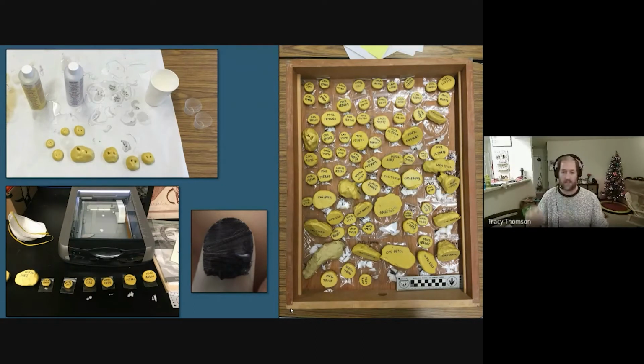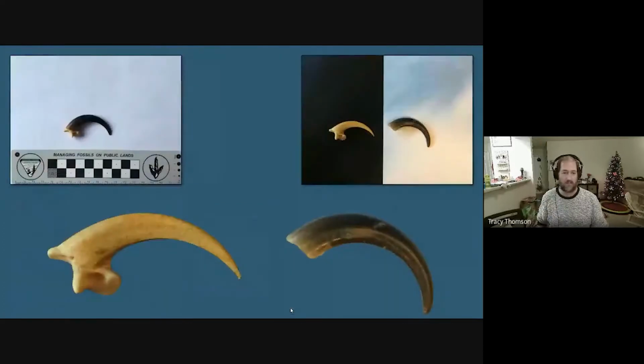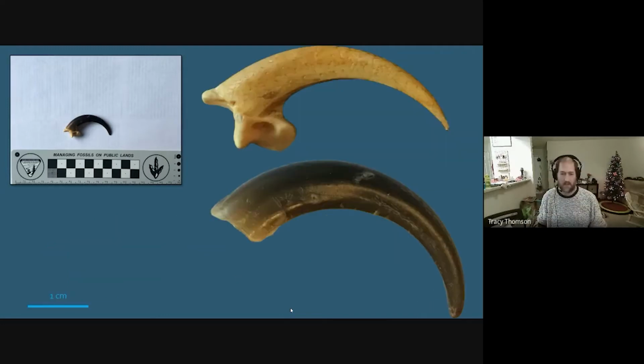For looking at the claws in side view, I would take a picture of the claw with the sheath and the ungual together. That's on the left-hand side. And then I would take the sheath off and take another picture of the claw separated, so the sheath and the ungual next to each other. And then using Photoshop and various techniques, I could cut those out, and then I could overlap them back together using the original photo as a reference.